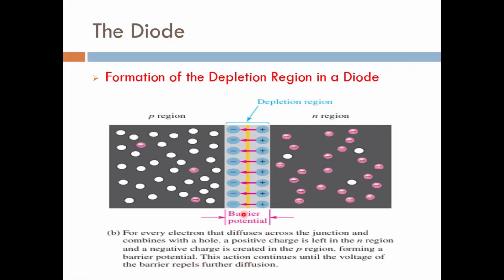This process is continuous until at this side there is negative charge, which will not allow any further electrons from the N region to diffuse into the P region. Similarly, this positive charge will not allow any of the holes to move from the P region to the N region.